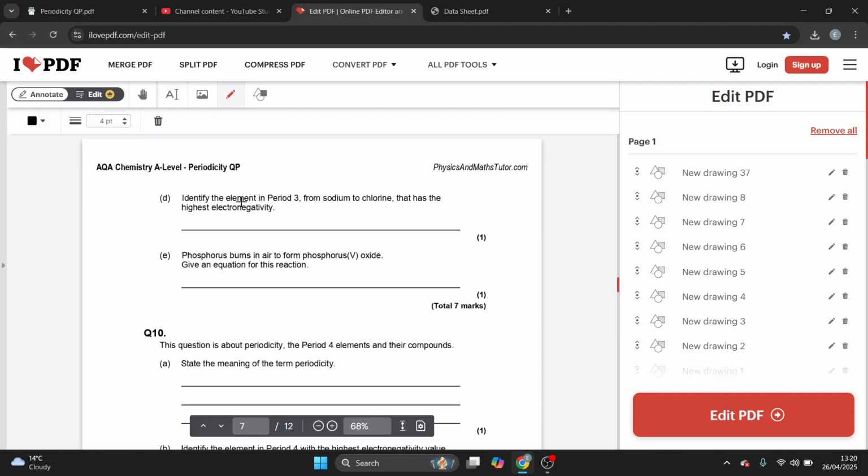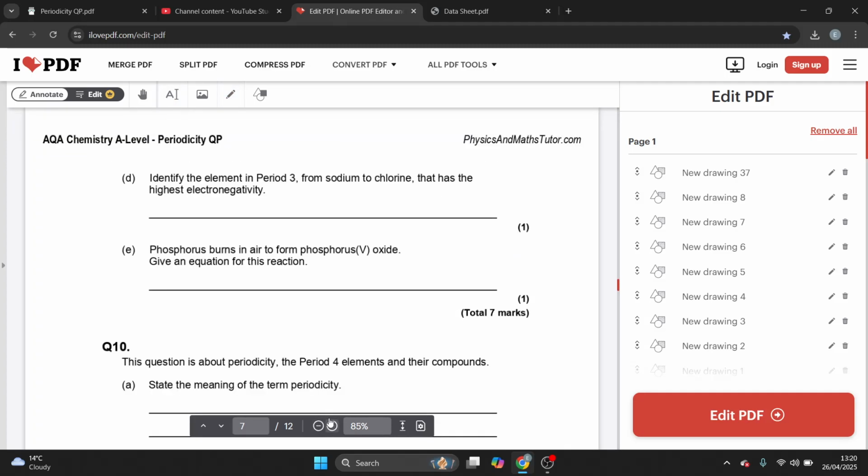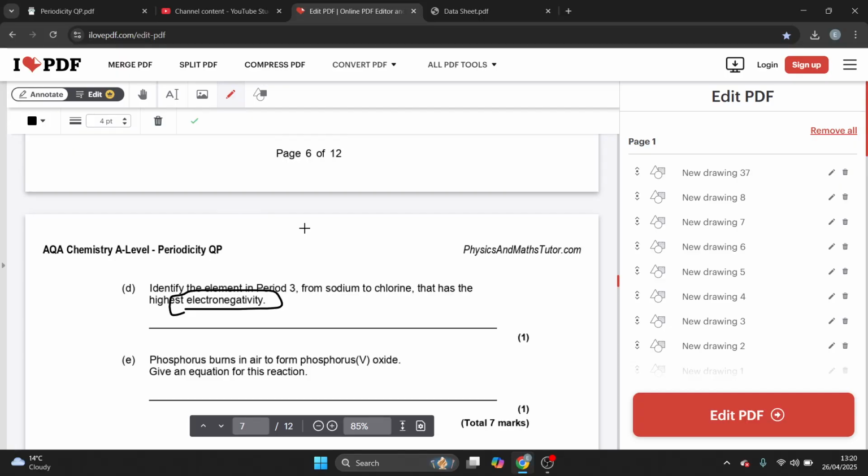Identify the element from period 3, sodium to chlorine, that has the highest electronegativity. What is the definition of electronegativity? Let's break this question down. You really want to understand these questions, because then when they repeat them with a slight tweak, you know exactly what to do.